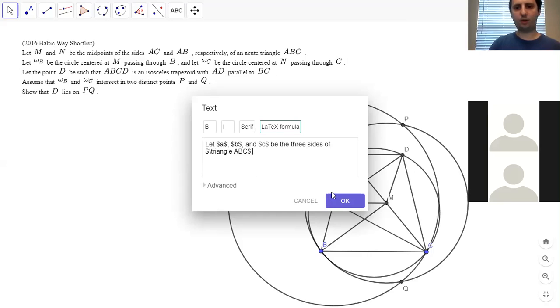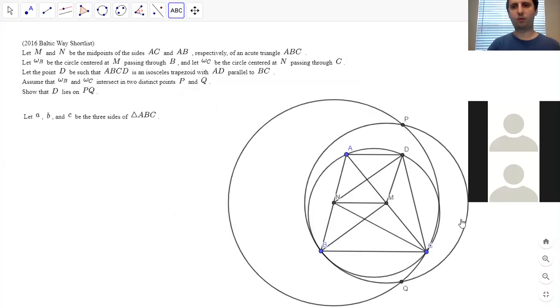And then there's a formula. So yeah, you put it in the chat. You can use it. You can prove it using Stewart's theorem, right?